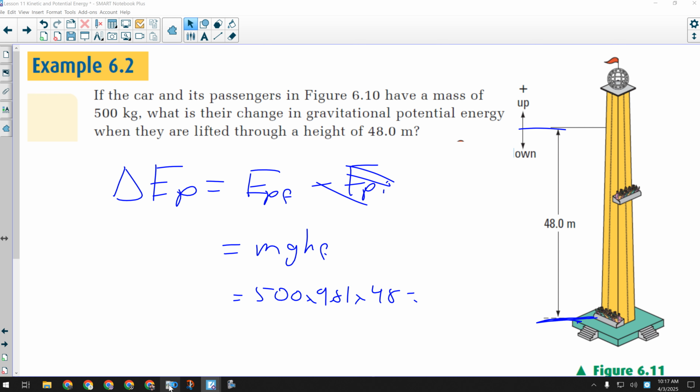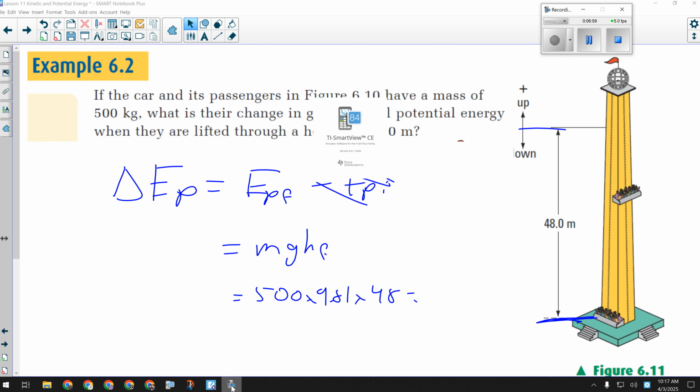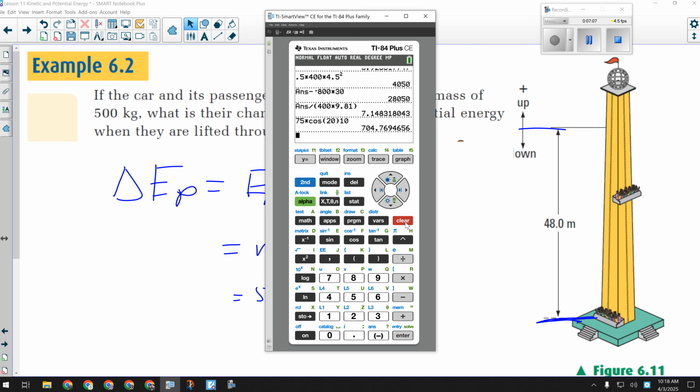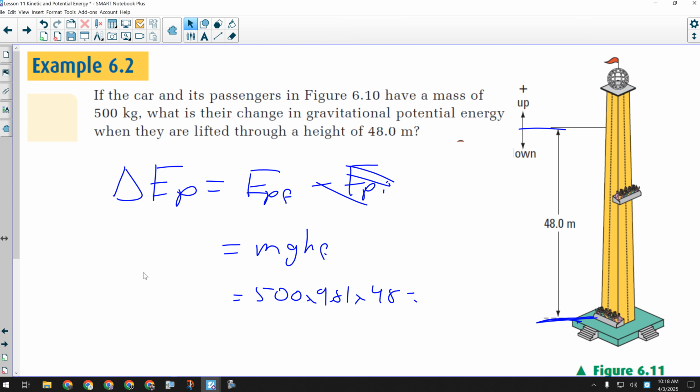Oh, I forgot to start my calculator this morning. Okay, so we're looking at 2.35 times 10 to the 5 joules.